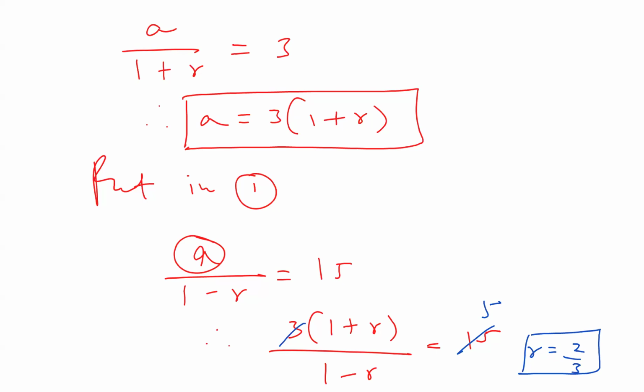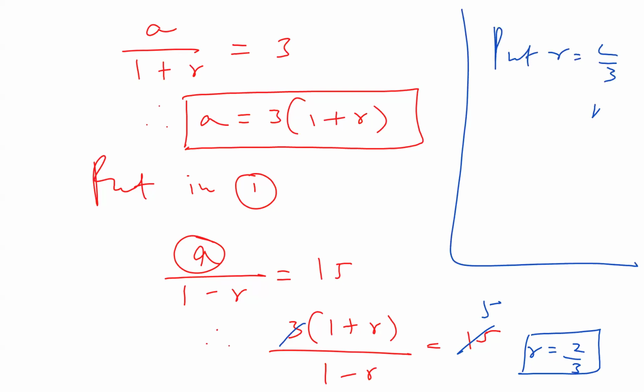Now, once you get the value of R as 2 by 3, calculate A. You can put R equal to 2 by 3 in equation number 1. You can also put it over here, but we'll stick to that particular equation 1. Get the value of A.